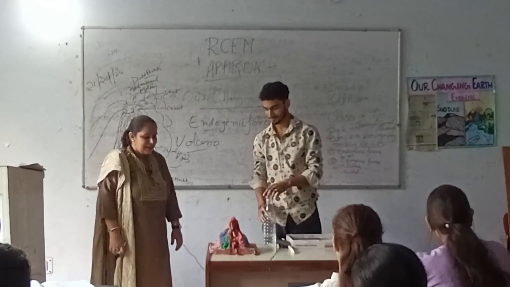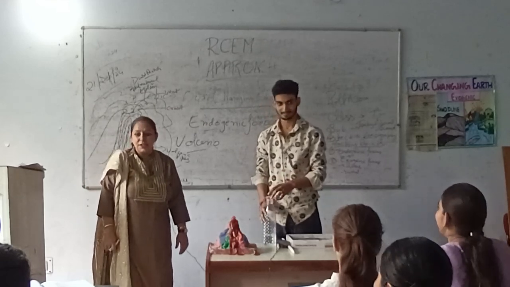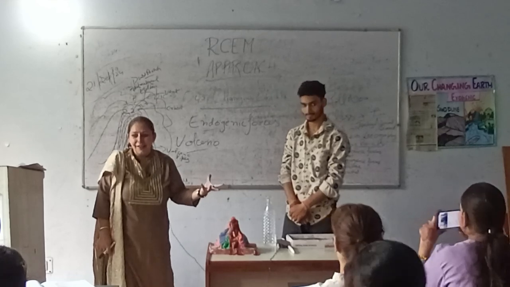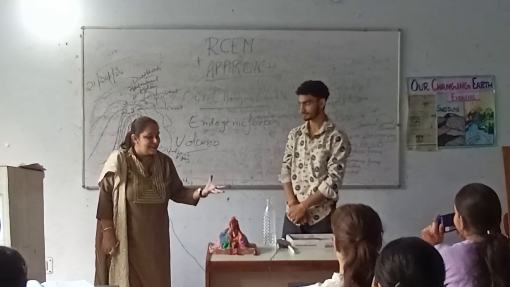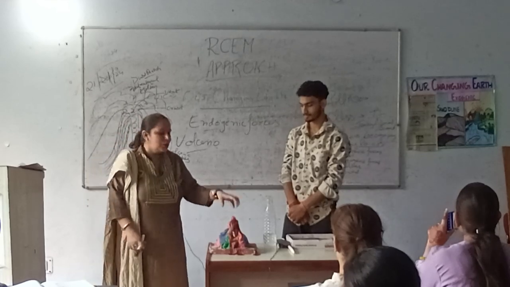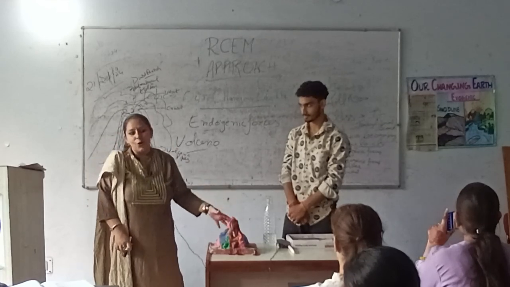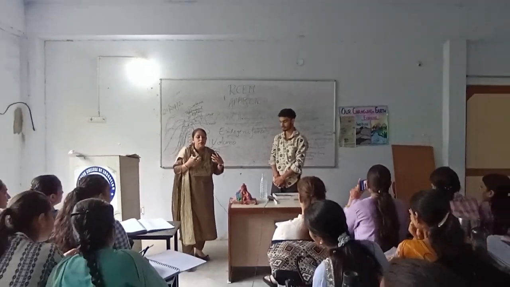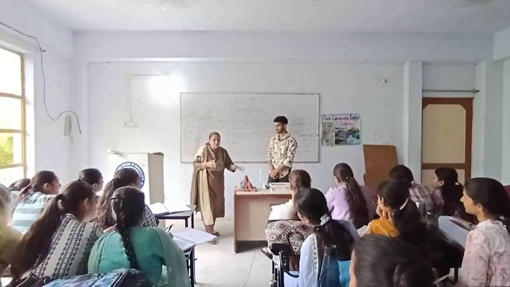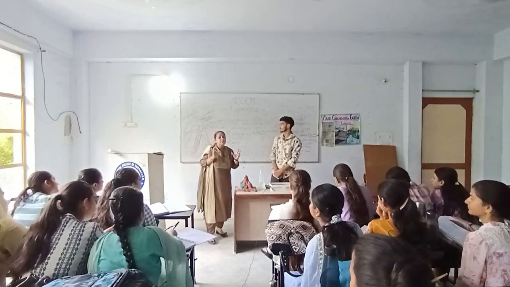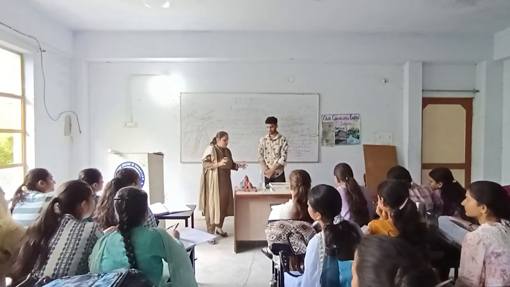Here you see, the more the pressure, the more the material coming out from a volcano. So here is the hot lava. Although this water is very cold, in an actual volcano the molten material is very hot and you can't touch it, and various gases come out from the volcano. Very good.